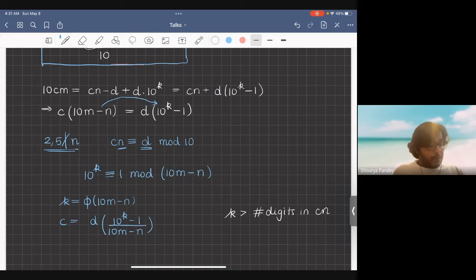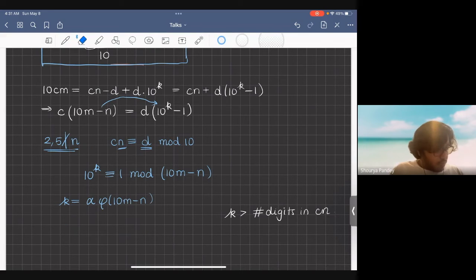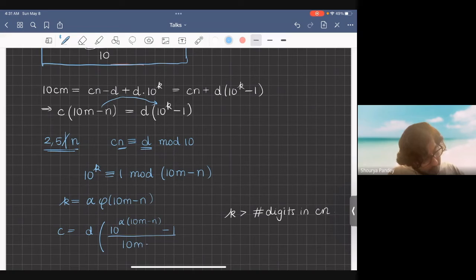The point is that I can take k to be any multiple of phi of 10m minus n as well. Let's say I take it to be some alpha times phi of 10m minus n, and so my c would be d times 10 to the alpha times phi of 10m minus n, minus 1, upon 10m minus n.